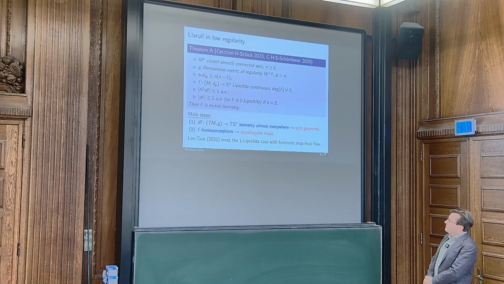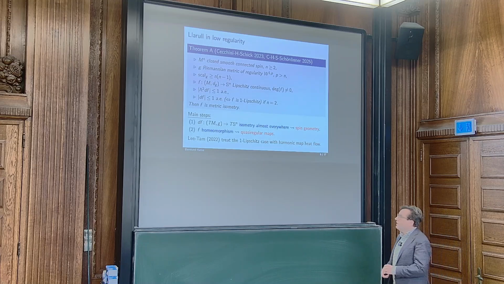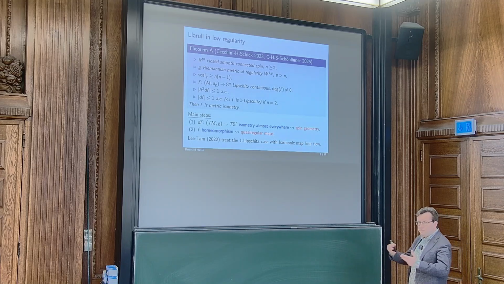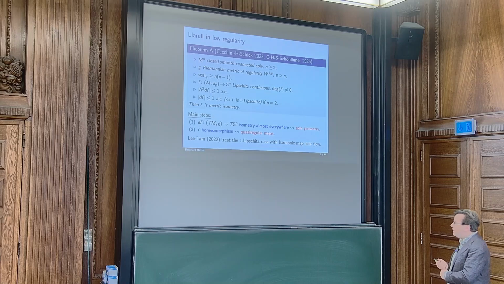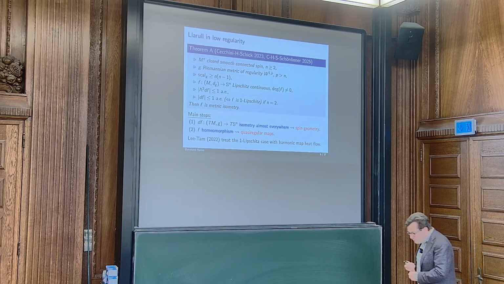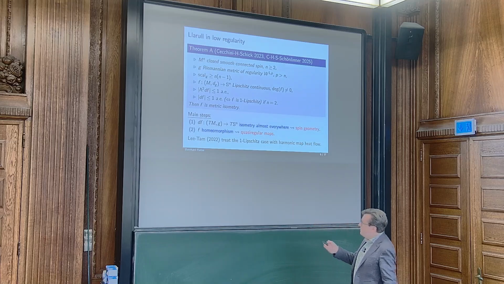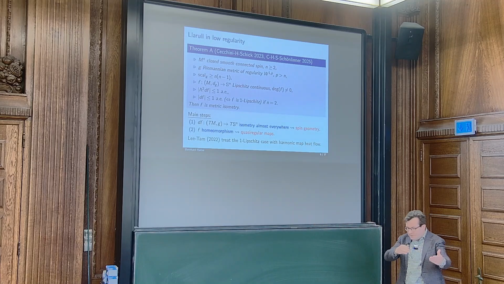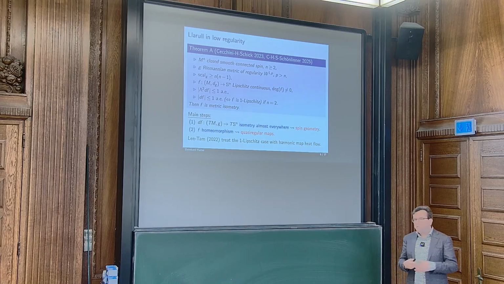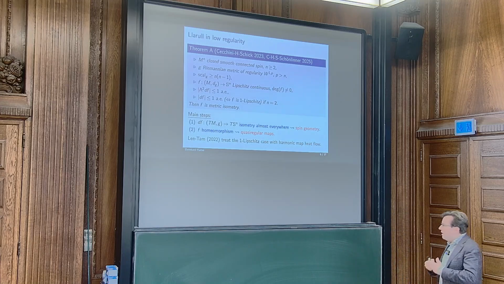And I think it's still a quite important topic for the future to understand better how these two approaches are related to each other. And maybe from a conceptual point of view, the main difference is the following. Lee and Tam reduced the situation to the smooth situation, which we already understand very well, immediately.